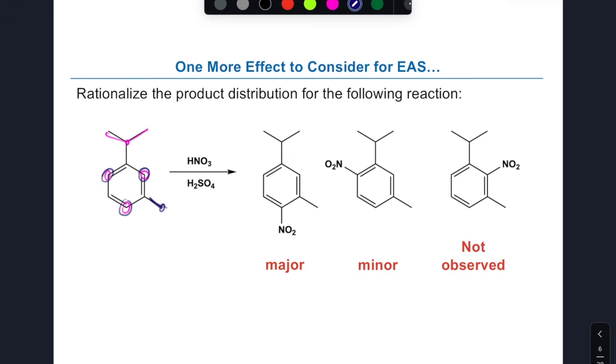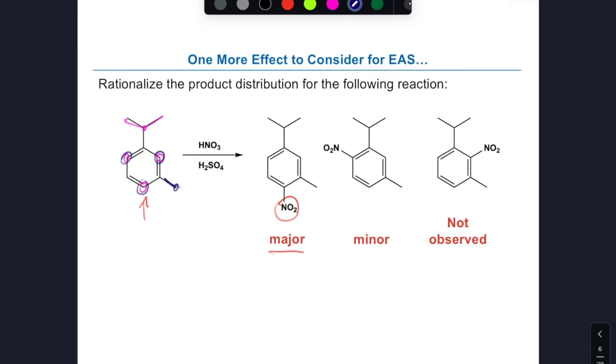So this is one of those cases where both functional groups are guiding to the same three carbons. However, even when we do this, what you see is that there's a major component down here at this position, then you're getting a minor component over here, and almost nothing over here.